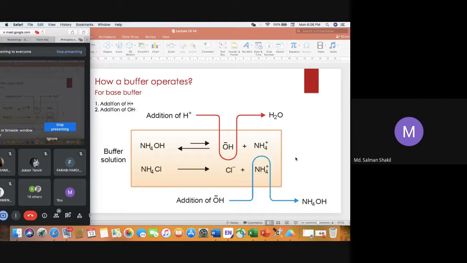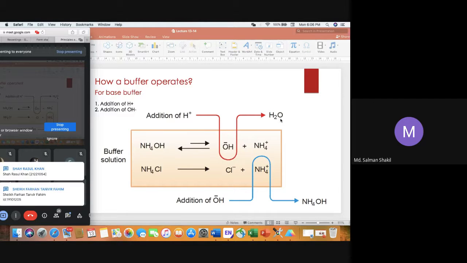In that solution, for example, say there are 5 million water molecules. After adding the proton or the acid, say for example 5,000 water molecules are added now. It is not a significant amount compared to the total volume, right? Is it clear?